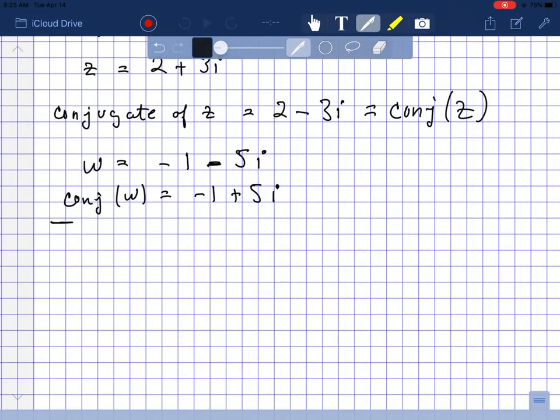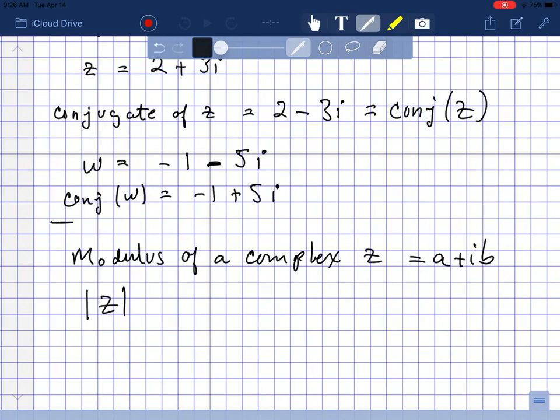And then we have something called the modulus of a complex number z equal to a plus ib. This is denoted by, it's like putting the absolute value sign around a number.